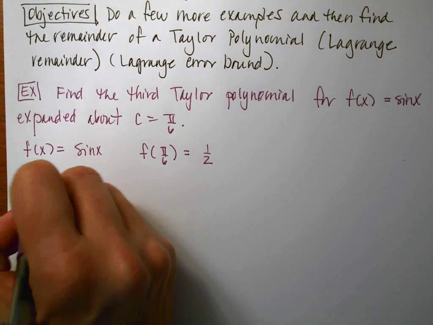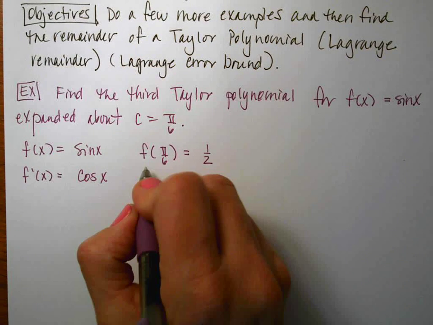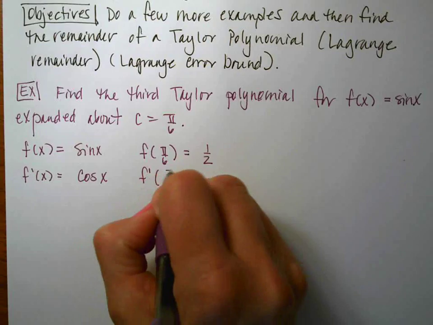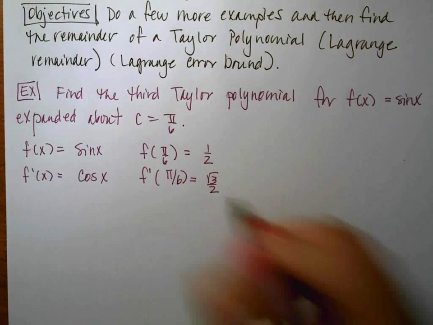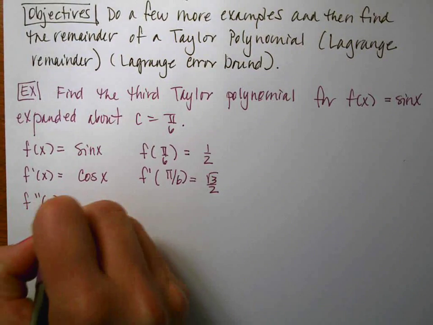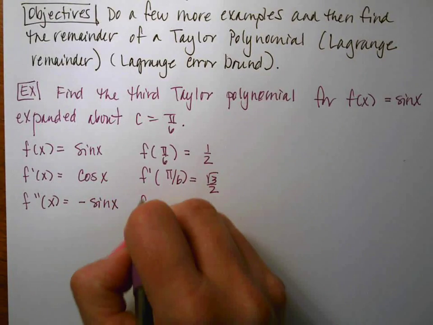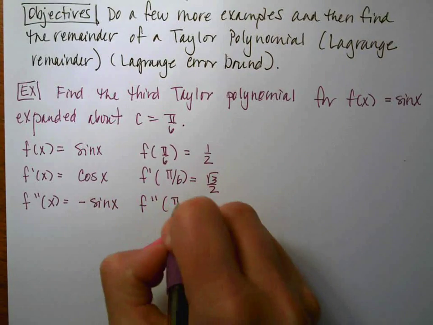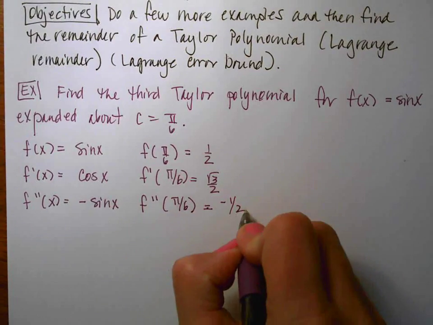Then the first derivative is the cosine of x, and evaluated at pi over 6, I get radical 3 over 2. Then the second derivative is negative sine of x, and evaluated at pi over 6, I get negative 1/2.